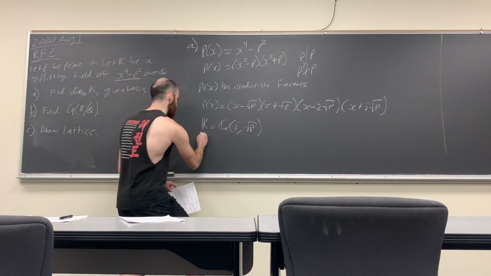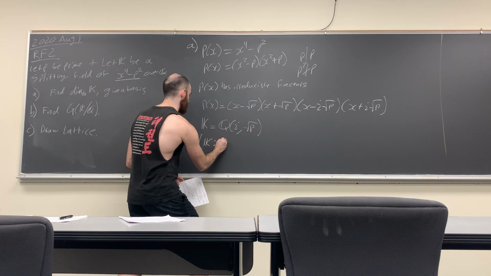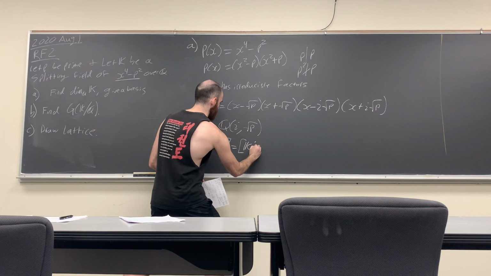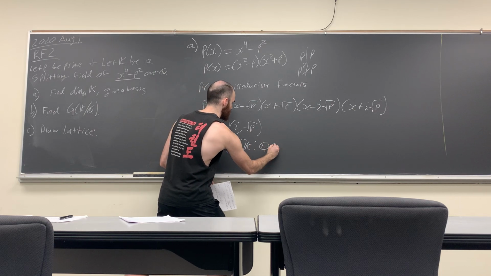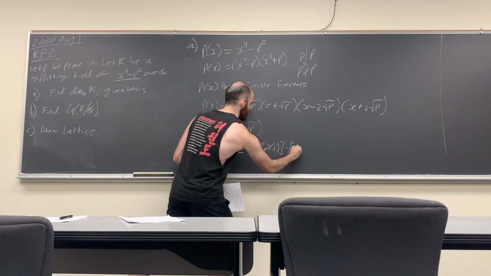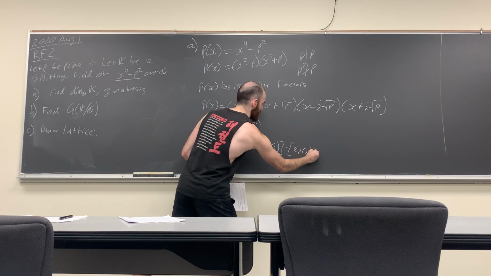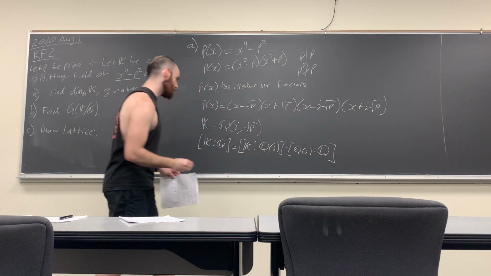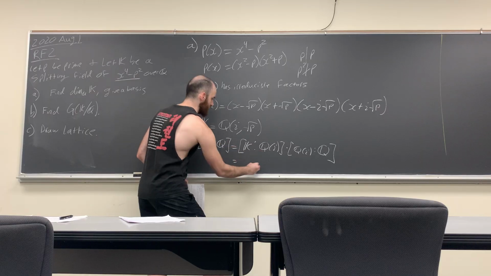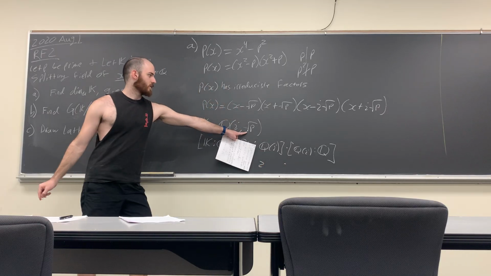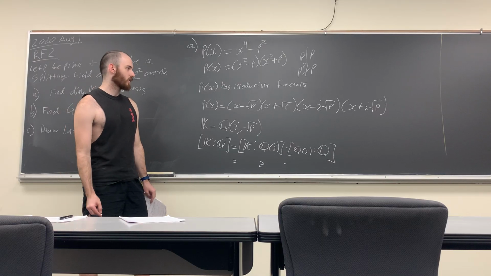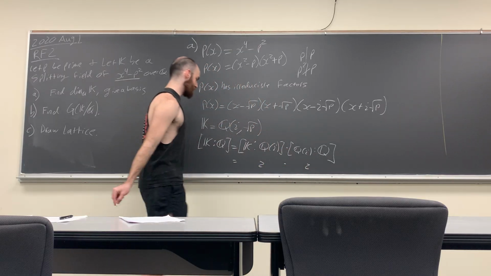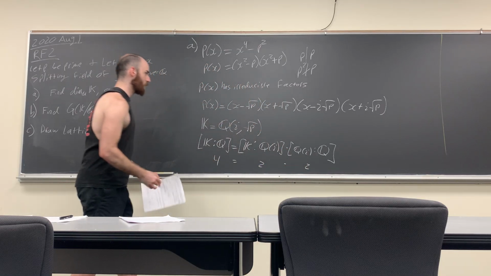So that tells us that the degree of K over Q is going to be the degree of K over Q adjoin i, times the degree of Q adjoin i over Q. So this one is going to be 2, because it has a quadratic equation as its minimal polynomial, and that one also has 2. So our degree is 4.